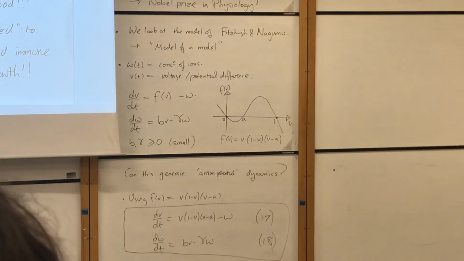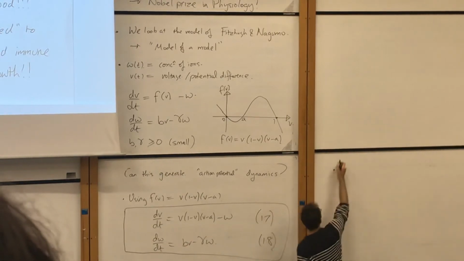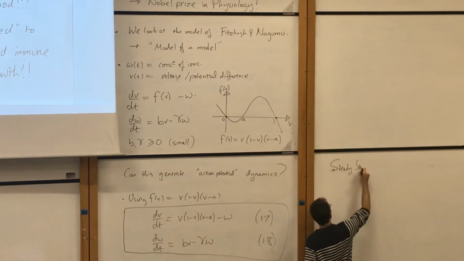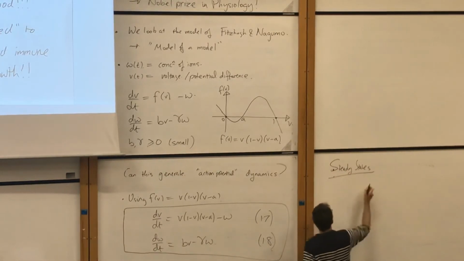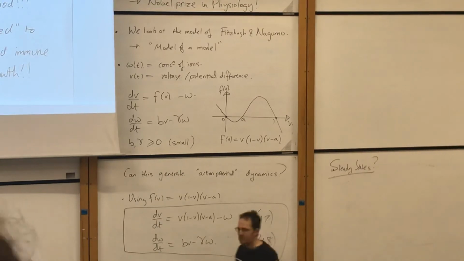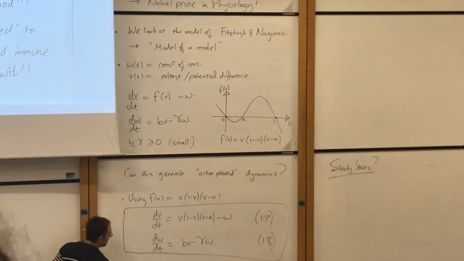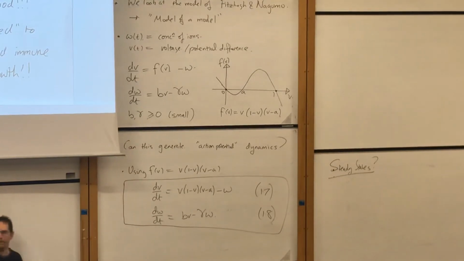The first thing to do is think about steady states. We're not going to go into any detailed calculations. What sort of steady states does this system have? One way of getting at steady states is to do analytical calculations, evaluating the right-hand sides to 0 and working them out that way.